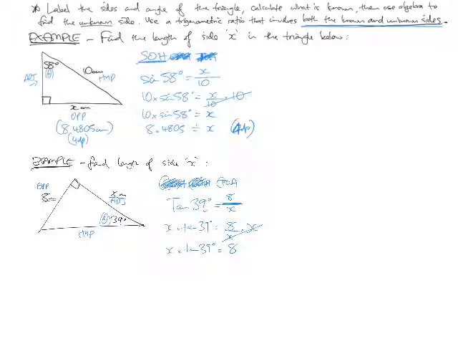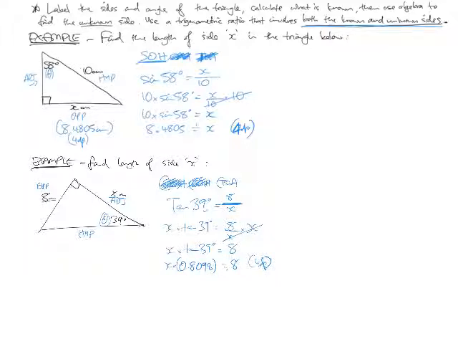What do we know here? Tan 39. So we can work that out. Tan of 39 is going to be 0.8098. That's the 4 decimal points. And what is this 0.8098 doing to x?